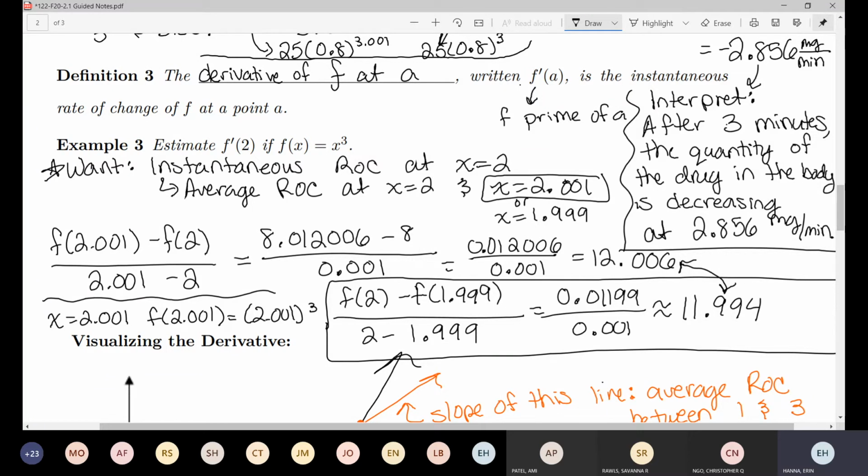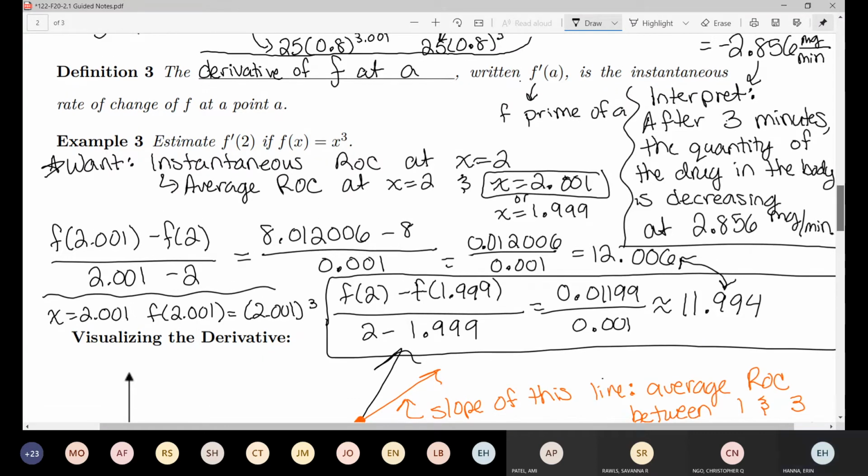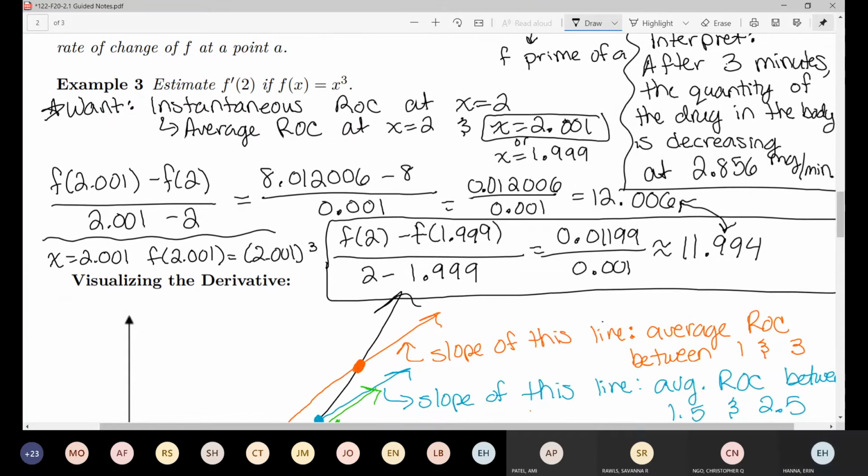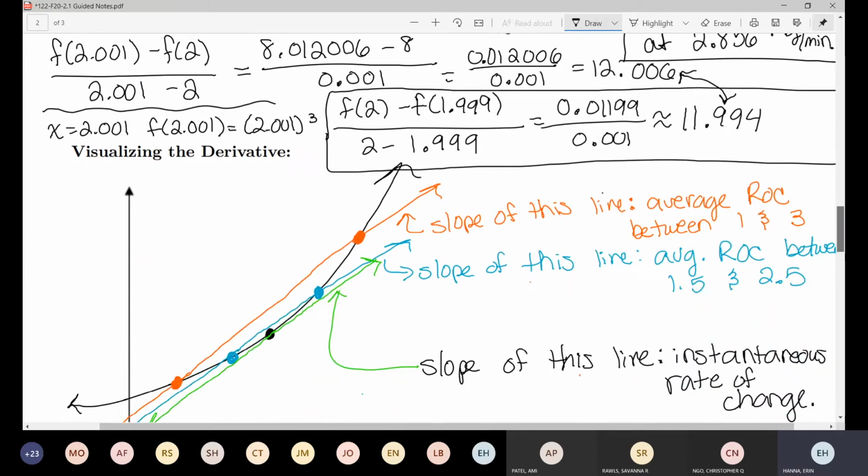Questions, concerns about calculating the instantaneous rate of change, which is equivalent to estimating the derivative? Average rate of change and instantaneous rate of change are not the same thing.